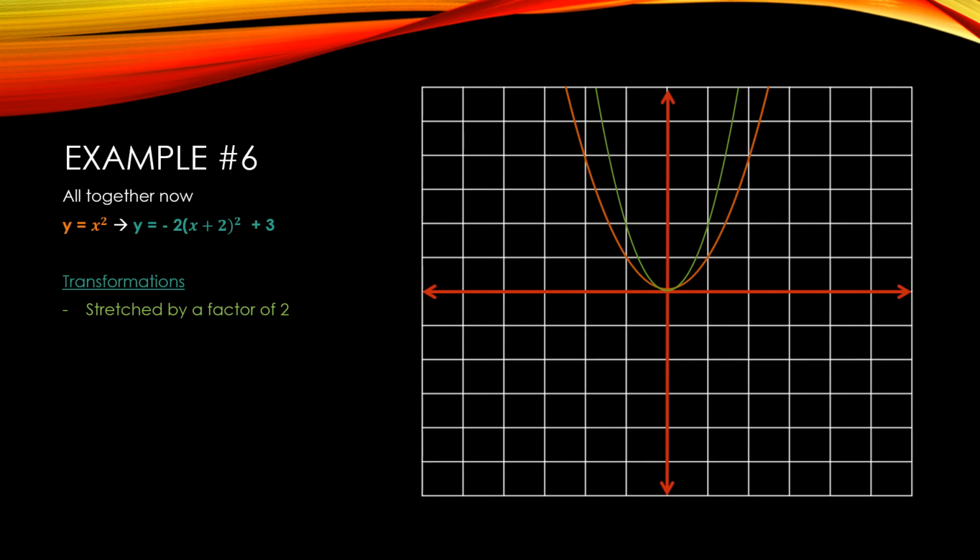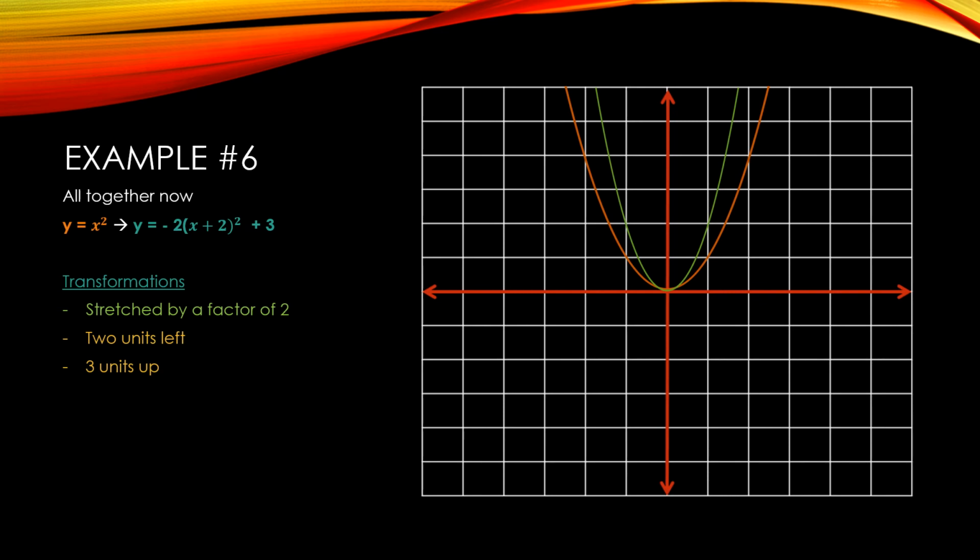Any values inside of the bracket make for a horizontal shift, with the opposite value or the opposite direction than the one that's indicated. So here we have positive 2, which means that we are going to shift our parabola 2 units left, negative 2. Okay, on the outside of the bracket, we have a positive 3. That always indicates a vertical shift. And in this case, it's going to be 3 units up.